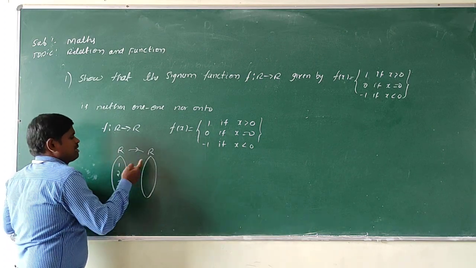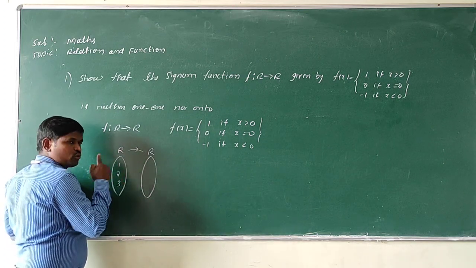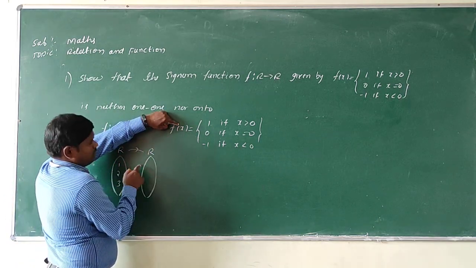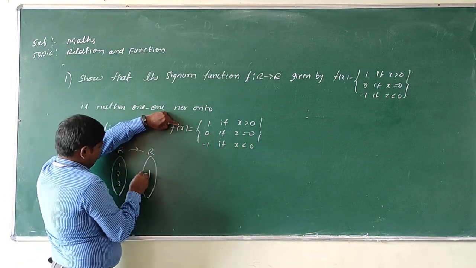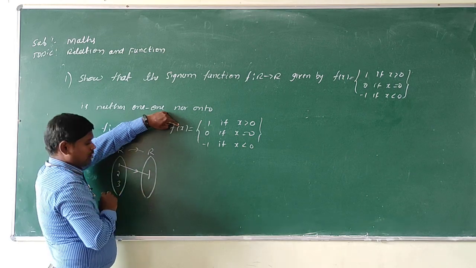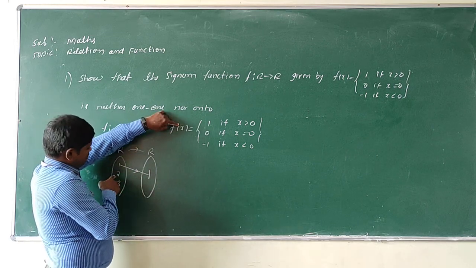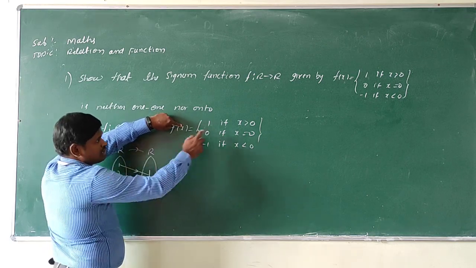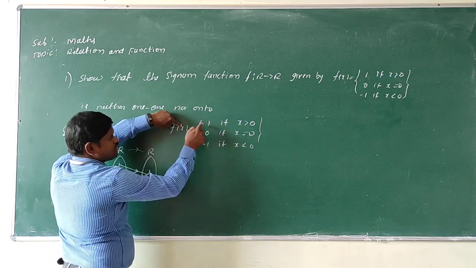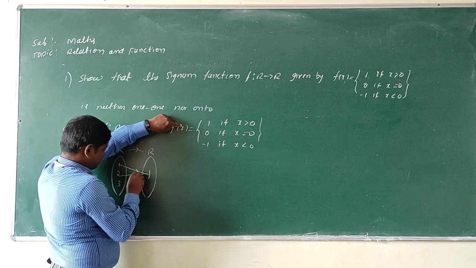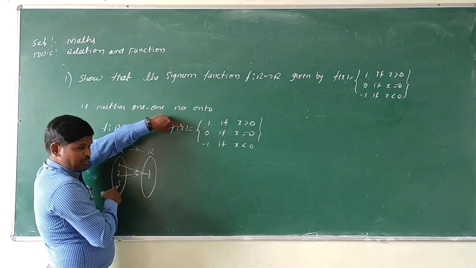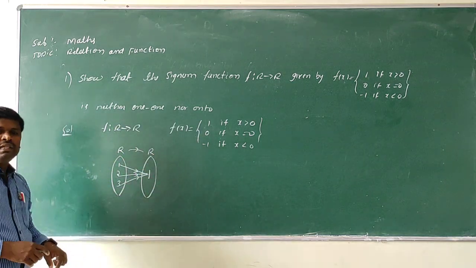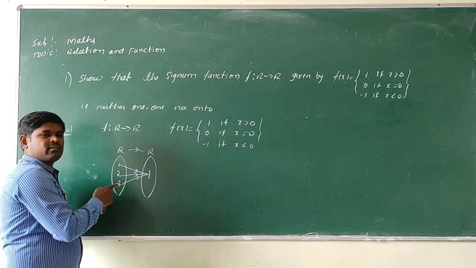So what is the output? Suppose you put f of 1, then the answer is 1. That means 1 is mapped to 1. Suppose I put x equal to 2. Here x is greater than 0, so f of 2 is equal to 1. So this is related to 1. Suppose I put 3, this is also 1. So observe here, it does not satisfy the definition of a 1-1 function.